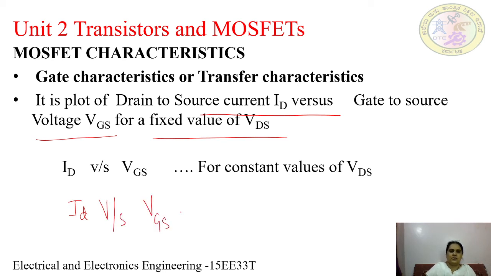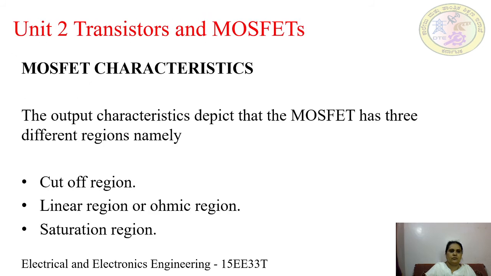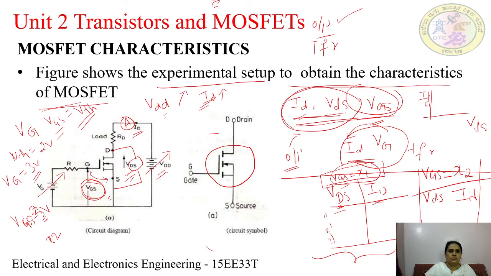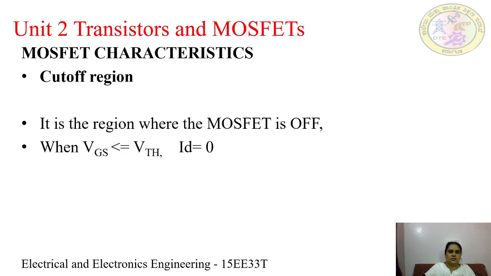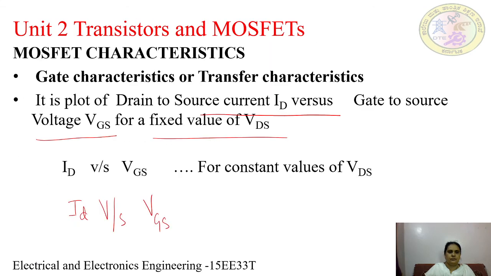If you look at the experimental setup, your input voltage is VGS and your output is ID. So ID versus VGS for constant values of VDS.